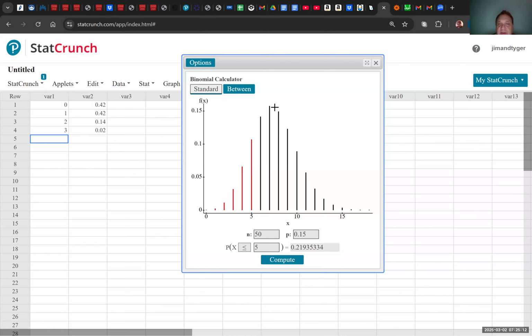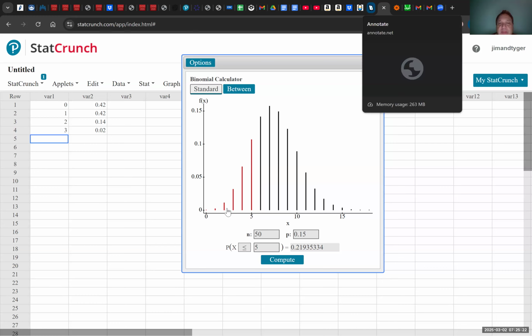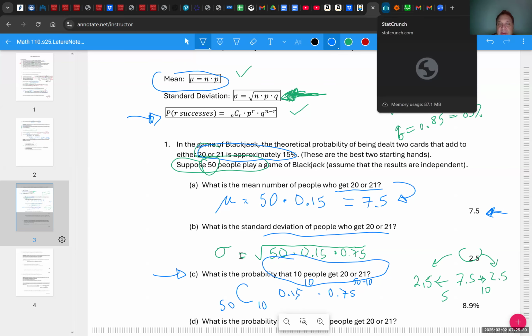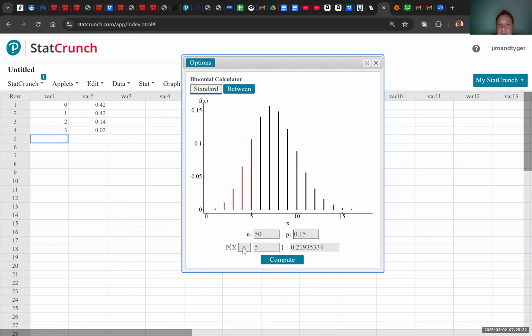You can see right in the middle, 7.5 is where sort of the most common is, so the mean that we're talking about. We are looking for, in our particular example, the probability that 10 people are successful. 10 people get a 20 or 21. So let me go here, probability that X equals 10.